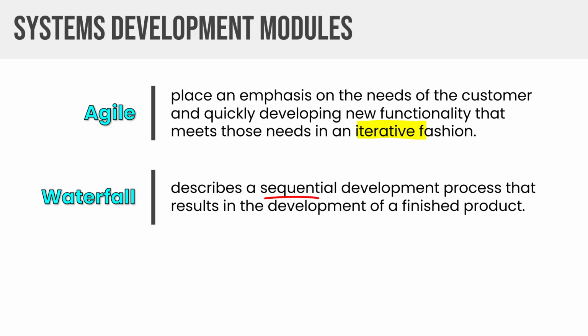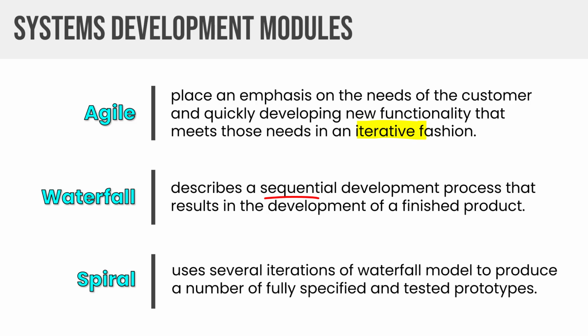We'll look at Waterfall in greater depth in just a moment. And then there's Spiral, which uses several iterations of the Waterfall model to produce a number of fully specified prototypes. Spiral really addresses some of the problems that we see with Waterfall. In fact, let's just have a look at those right now.